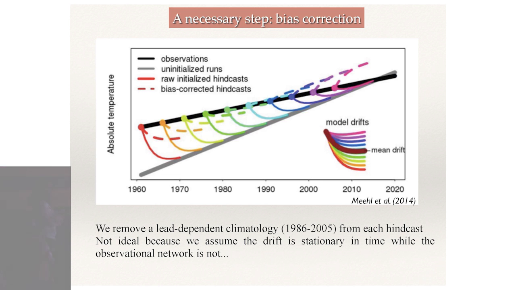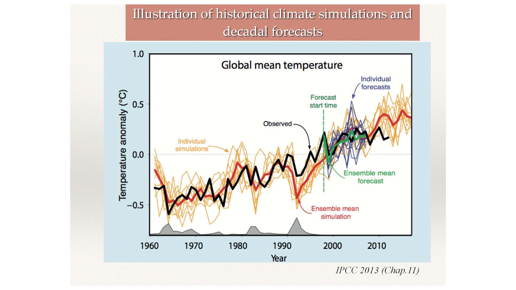So if you run your model for 10 years, you're going to get this type of behavior. Then if you want to analyze your model and assess its skill, you want to bias correct this. So what we usually do is remove a lead-dependent climatology from these hindcasts. So everything that you find is usually bias corrected in decadal prediction.